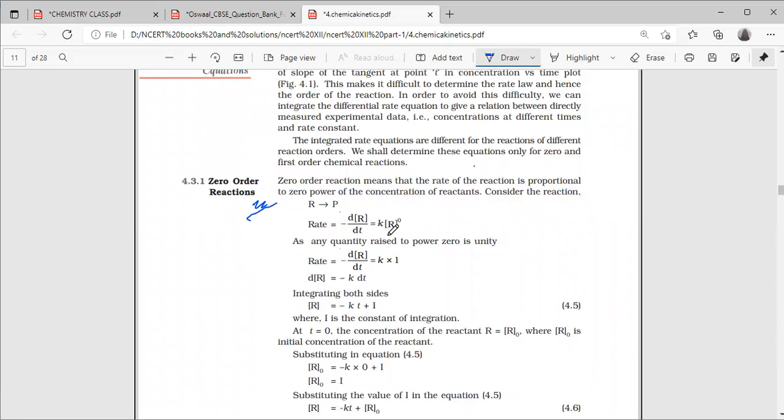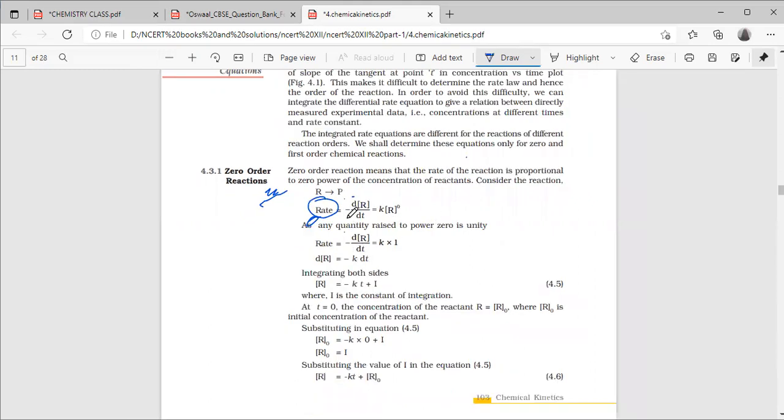So what I explained here, the rate is minus dR by dt. Why am I taking minus here? That is the reactant, that's why the concentration is decreasing. That's why the minus symbol is there. Minus dR by dt equal to k R to the power of 0. As any quantity raised to power 0 is unity, R to the power of 0 equal to 1.